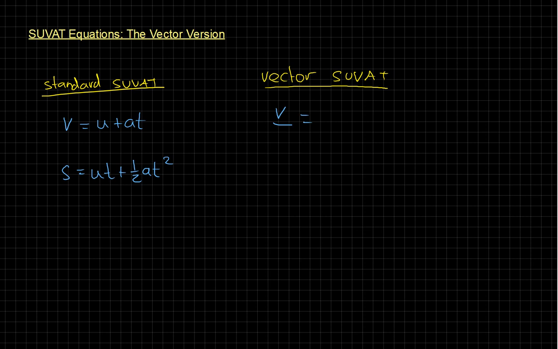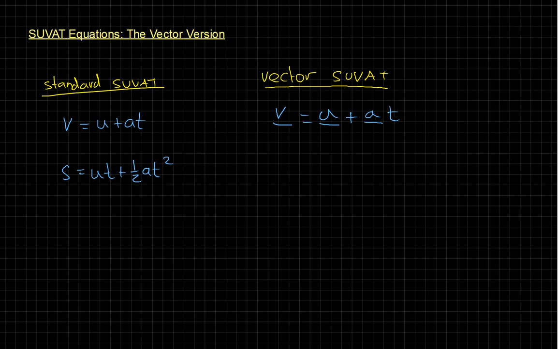Equals initial velocity, same story, also a vector, plus acceleration, also a vector, times time. Time can't be a vector. Time is just a value. It's a certain number of seconds or hours or however we're measuring it. So that's t. And that's it. That's the vector version of that Suvat equation.